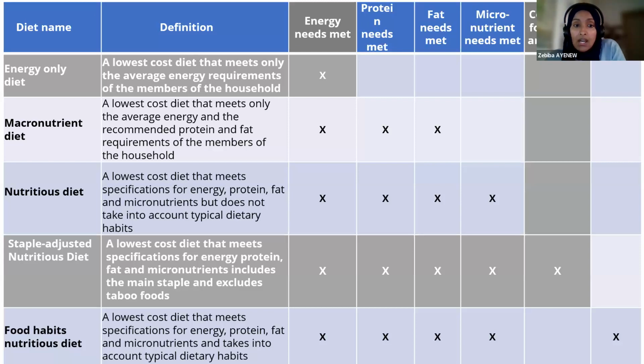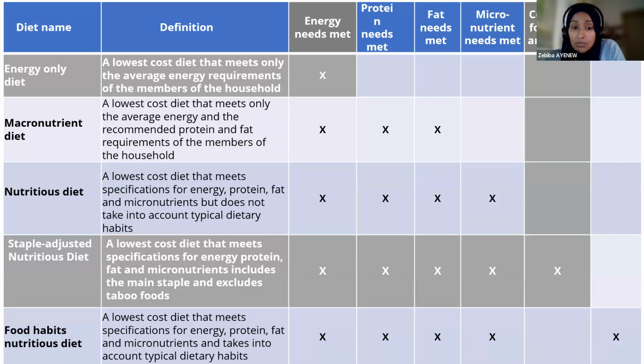household. And the macronutrient diet meets both the energy, protein, and fat needs of the individuals in the model household. The nutritious diet meets the 3 macronutrients in addition to the 13 micronutrients.